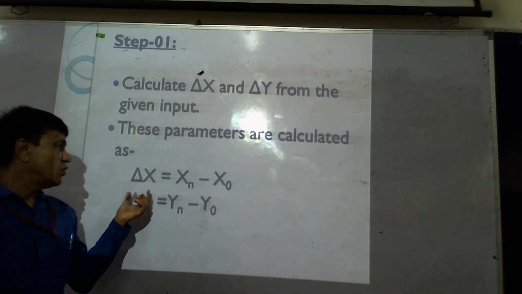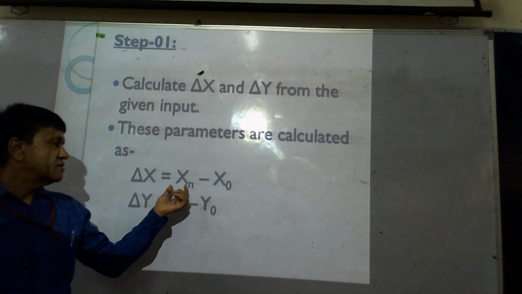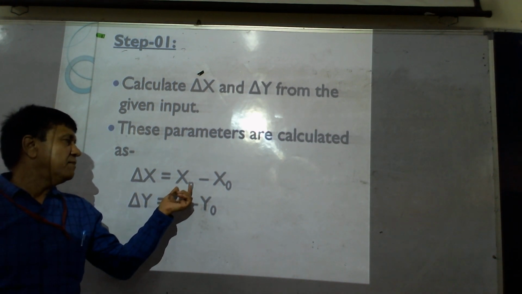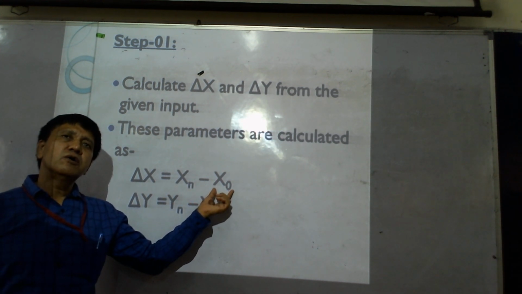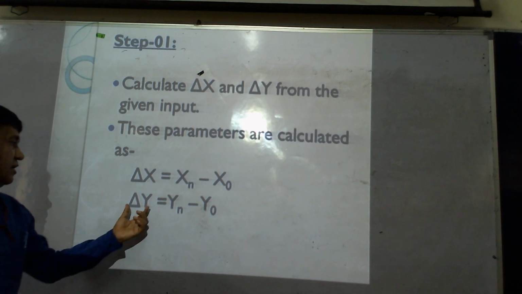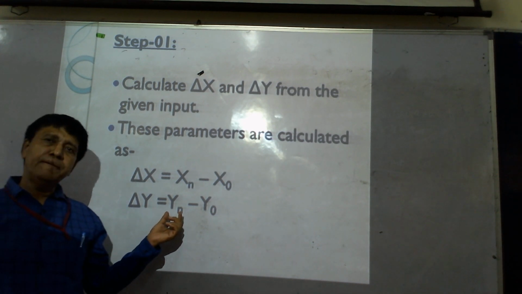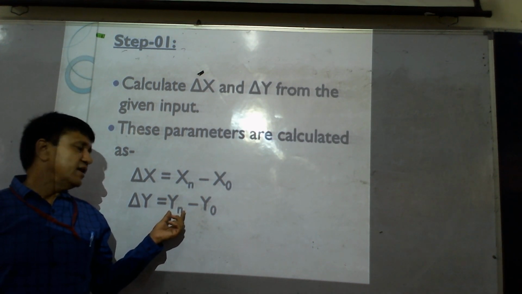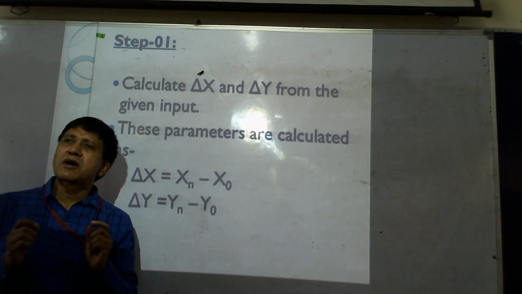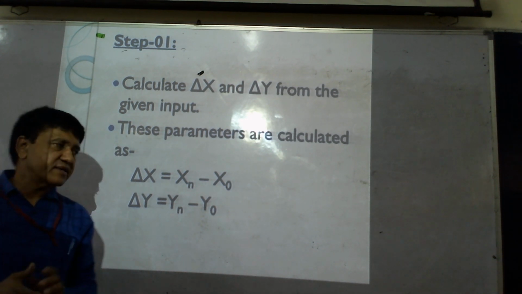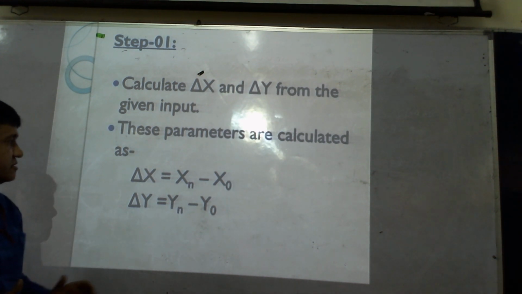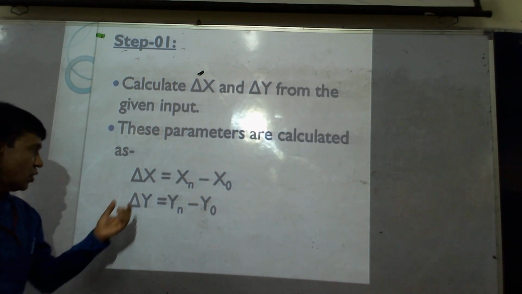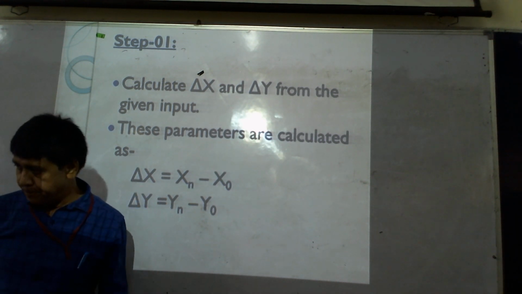See how we calculate delta x: xn is the ending point on the x coordinate and x0 is the starting point on the x coordinate, and delta y is calculated as yn, the ending coordinate on the y axis, minus y0, the starting coordinate on the y axis. So by these equations, we can calculate delta x and delta y.